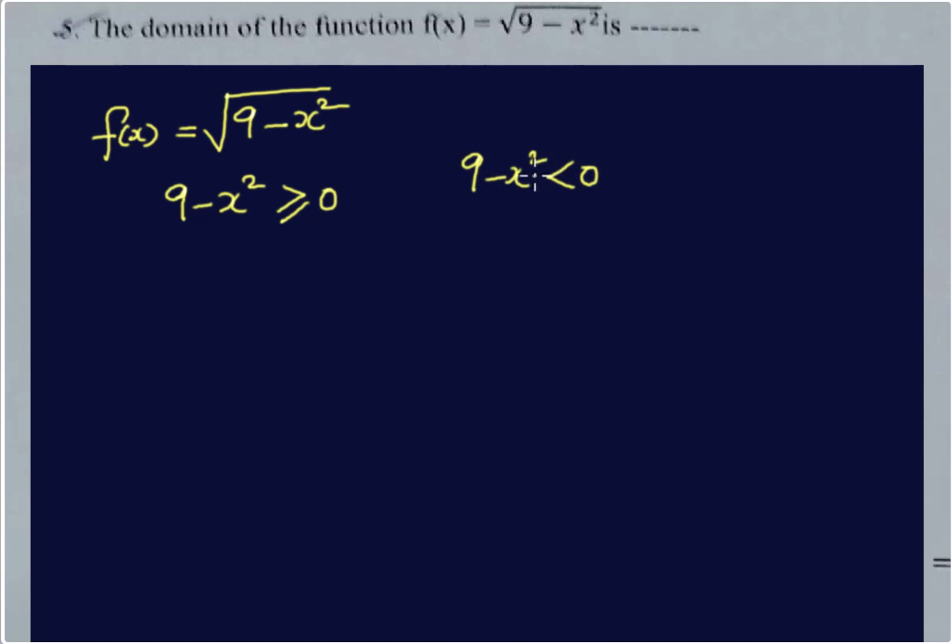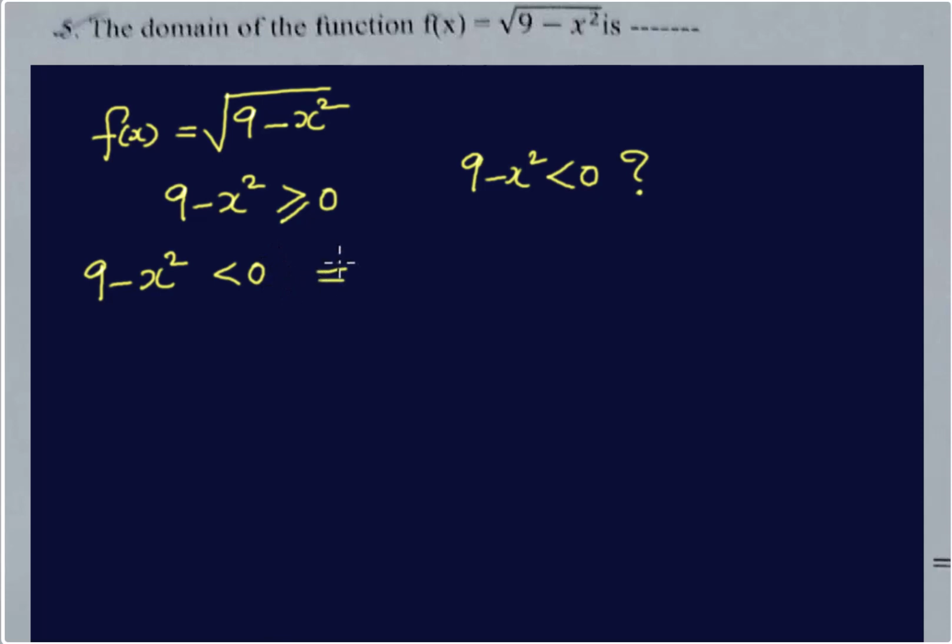So what are the values that makes 9 minus x square less than 0? So the given condition is 9 minus x square less than 0. So for those values of x which makes 9 minus x square less than 0, this function is not defined in the real number system.